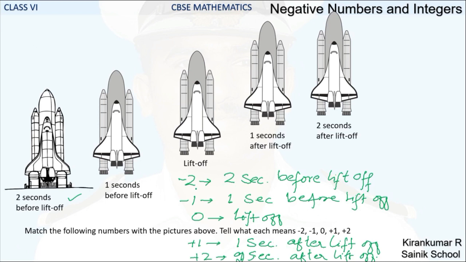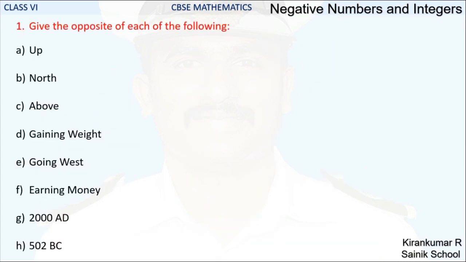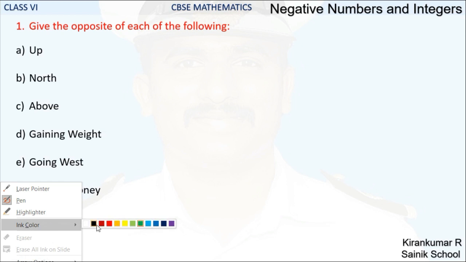These are the numbers which are containing some sign. Such type of numbers are called as directed numbers. Since they are having either a positive sign or a negative sign, they are also called as signed numbers. I want you to look at some of the opposite words now. Give the opposite of each of the following.